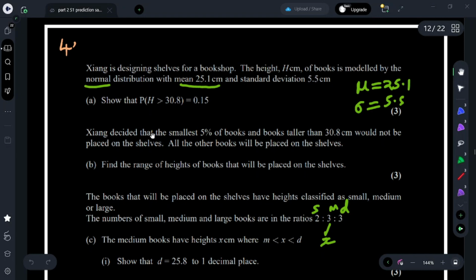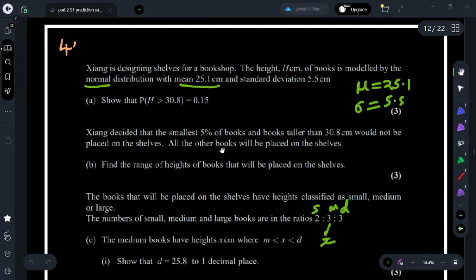Xiang decided that the smallest 5%, that is the lower 5% of the books, and books taller than 30.8 centimeters would not be placed on the shelves. All the other books will be placed on the shelves. Nice. So question B is: find the range of heights of books that will be placed on the shelves. What does this actually mean?